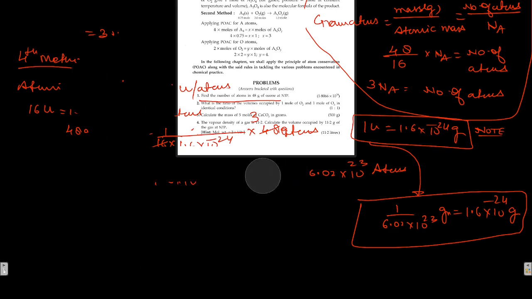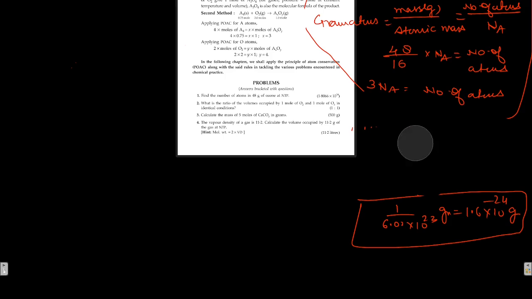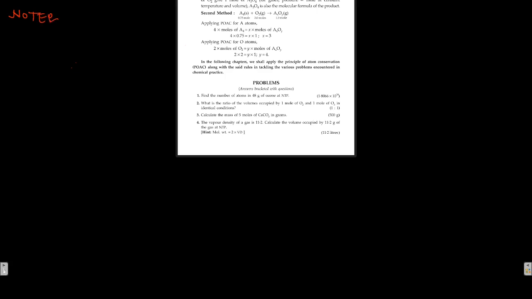Now, I'm giving you a little note. If the atomic mass is, suppose, X, this gives us two pieces of information: X U per atom, and at the same time it is X gram per mole.